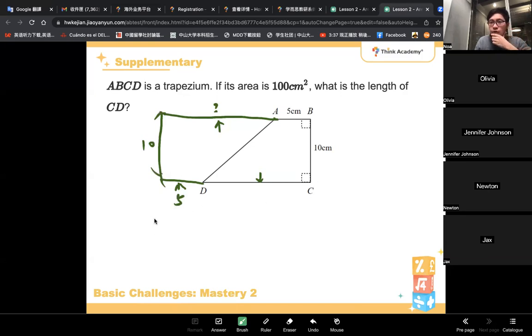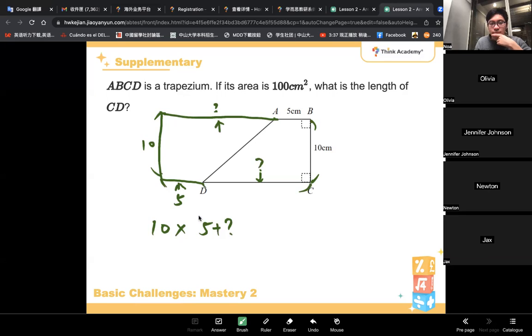We know the area formula of rectangles, length times width. How long is the width? We don't know. It's 5 plus something, and together they are the width, right?